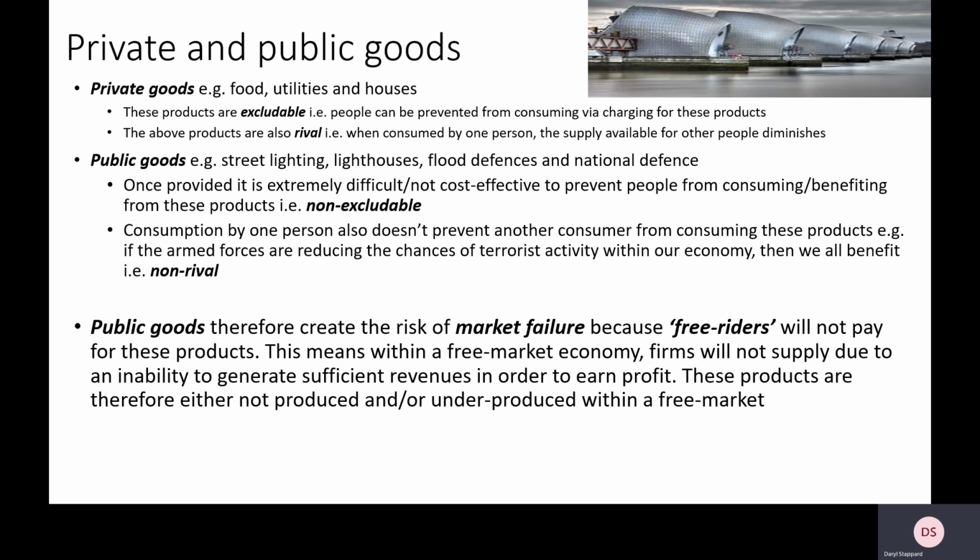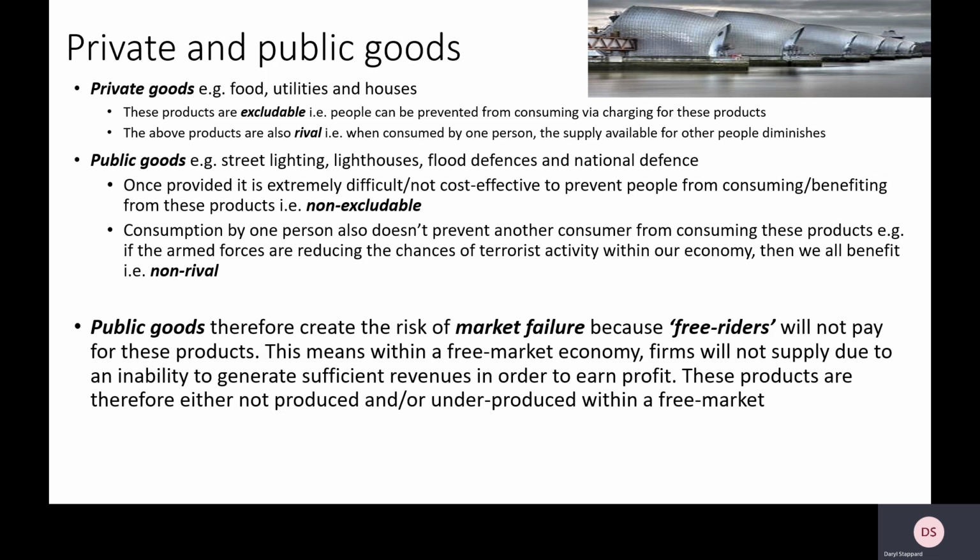Now, next thing here, consumption by one person doesn't prevent other people from consuming these products. So what we're saying here is that public goods are also non-rival. When you think about it, if the armed forces are overseas reducing terrorist activity, then when they provide benefits for one person, it's automatically creating benefits for other people as well. It's non-rival.